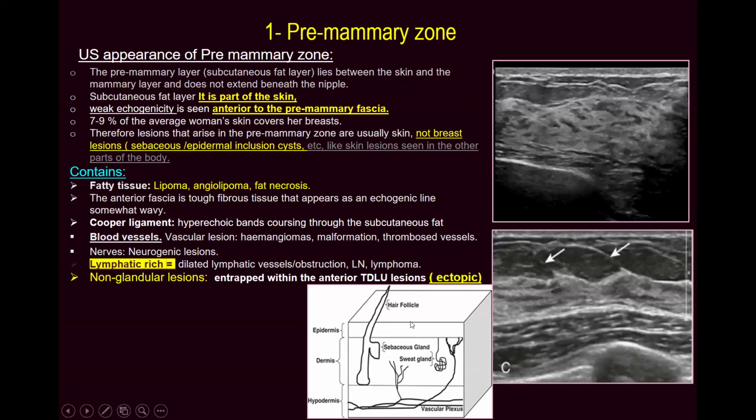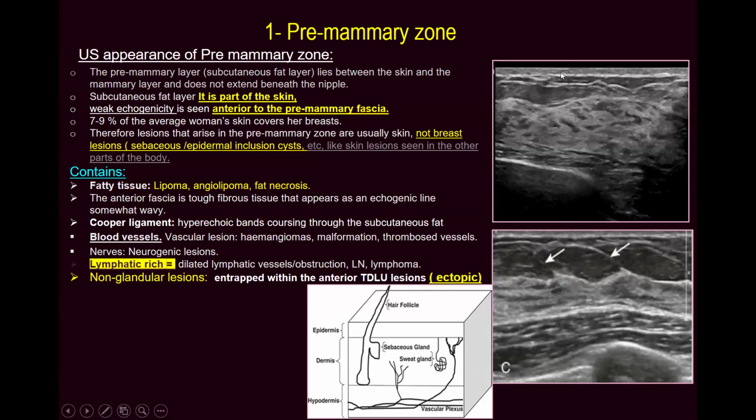We have mentioned that the skin is composed of 3 layers. The epidermis and dermis we could not differentiate on imaging. These 3 lines, 2 echogenic and the grayish layer in between, represent both epidermis and dermis.